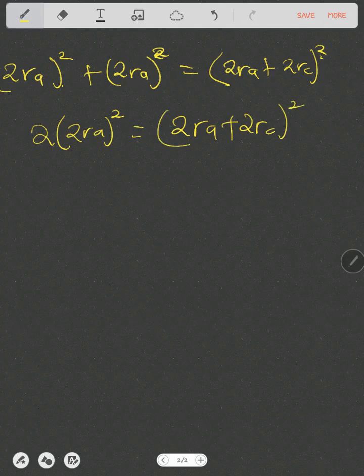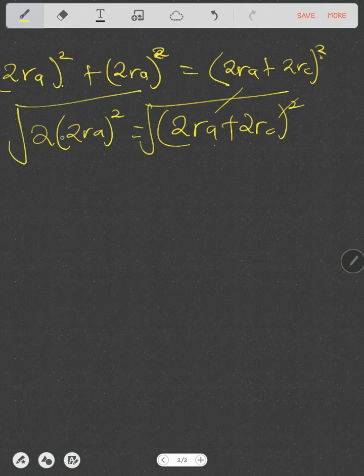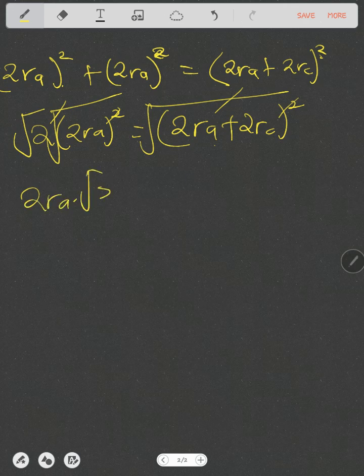If you want to make your work less confusing, for the radius of the anion you can use A, for the radius of the cation you can use C. If we find the square root of this, the square root will break down and affect this, and this 2 takes care of this. So we end up getting 2RA times square root of 2, and here we get 2RA plus 2RC.